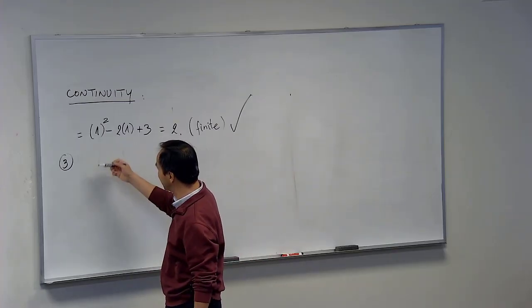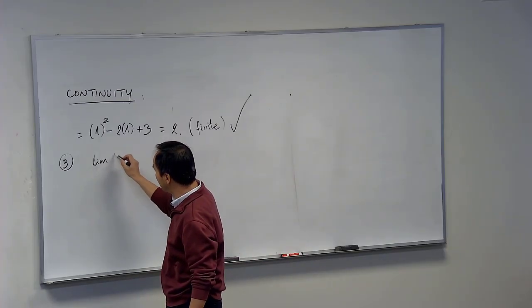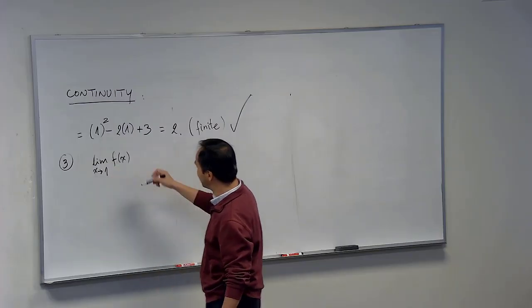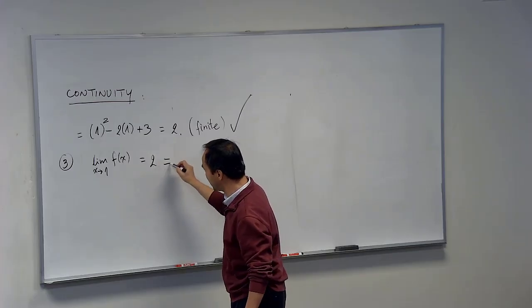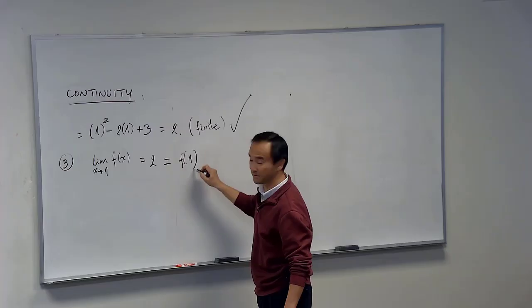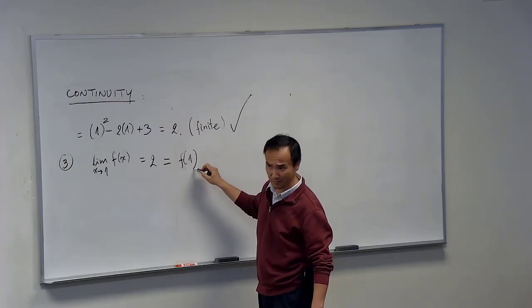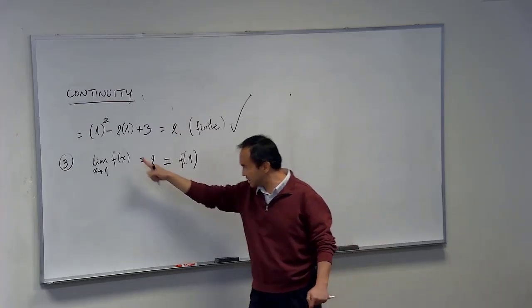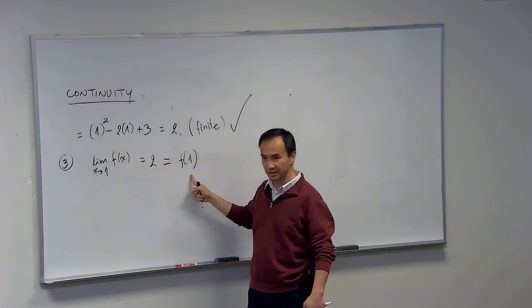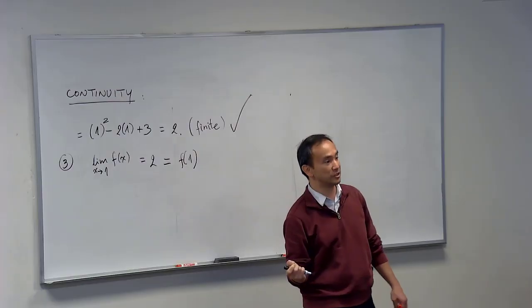So what do we notice? The observation is that the limit of the function f of x as x comes to 1 came out 2, right? It is also equal to the function value at 1. See what I'm saying? So after the observation, we notice that the function's limit is the same as its function value when we substituted it in.